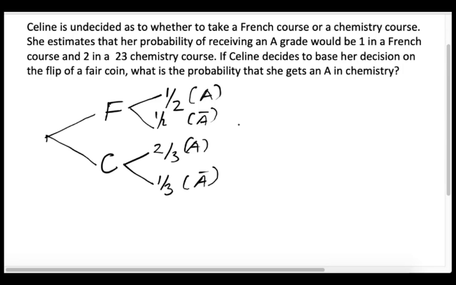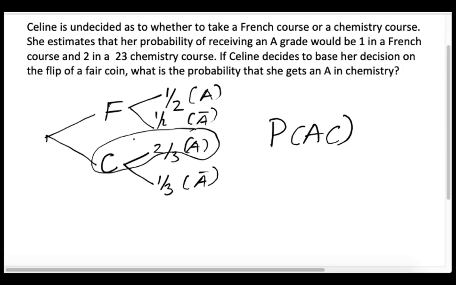Okay. So you want to find the probability that she gets an A in chemistry. Getting an A in chemistry is the one. And the chance for her to take a French course is 1/2 and 1/2 for the chemistry course because she based her decision on the flip of a fair coin.